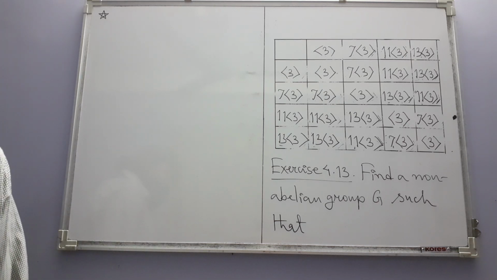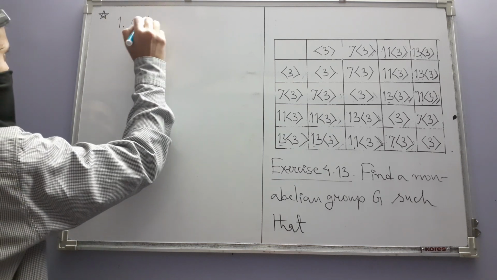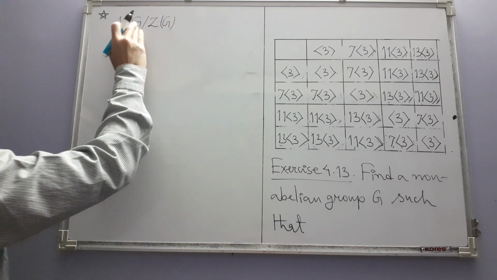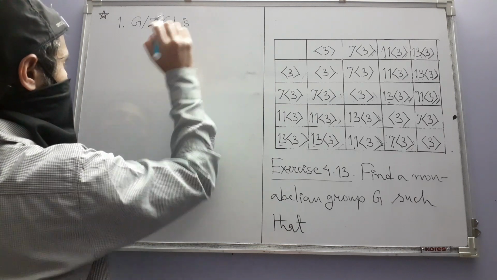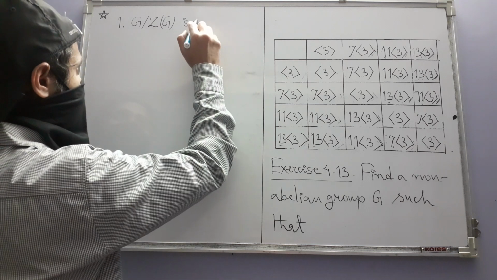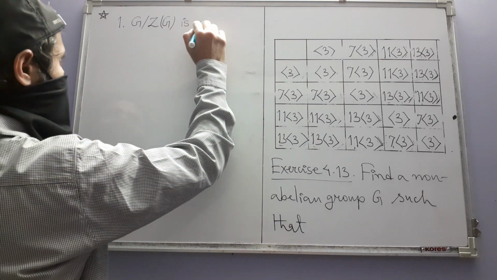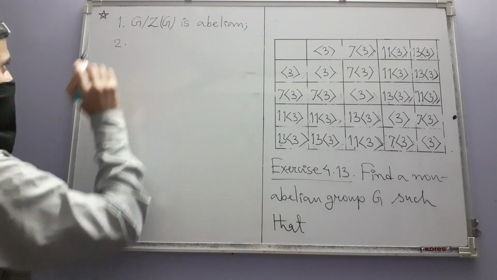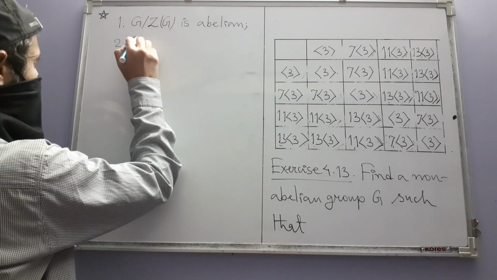The first one is this: the factor group, the factor group of G by the center of G, is abelian. Is it abelian? Yes. And the second one is G is infinite, but this factor group is finite.